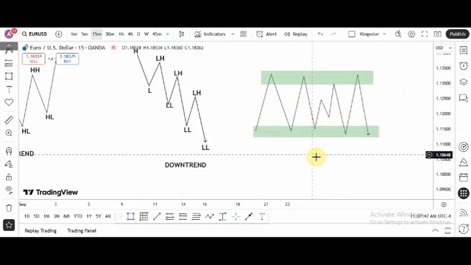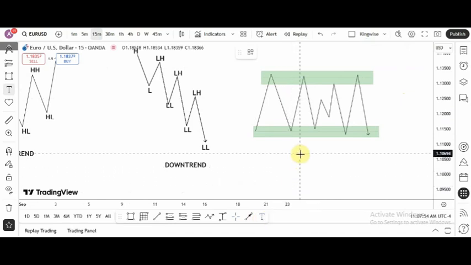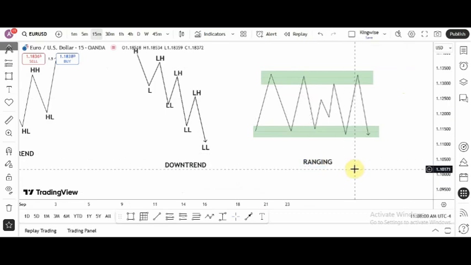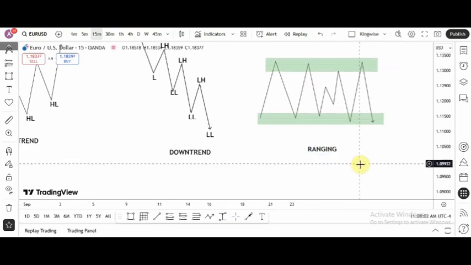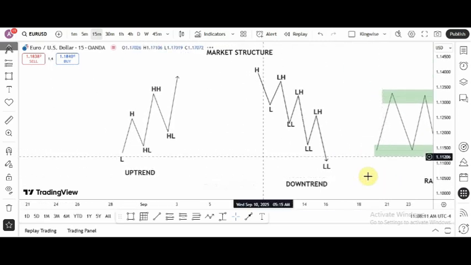So this kind of market is not breaking highs and forming new lows. So this is a kind of ranging market or a consolidation. So this is a kind of structure we find in the market, and this is a kind of textbook knowledge.